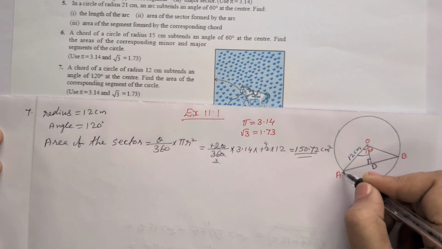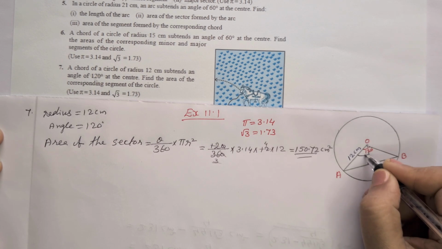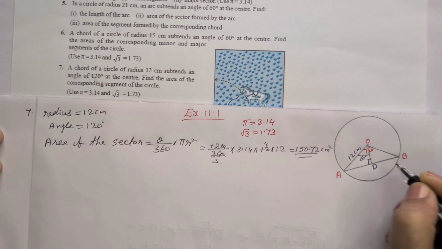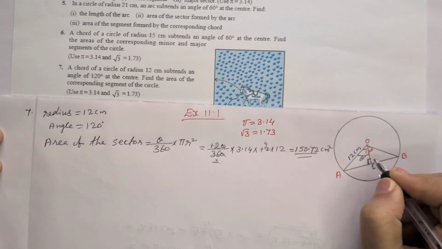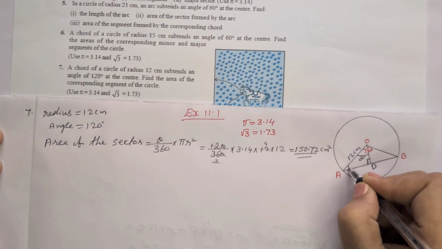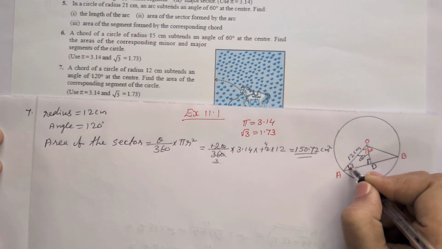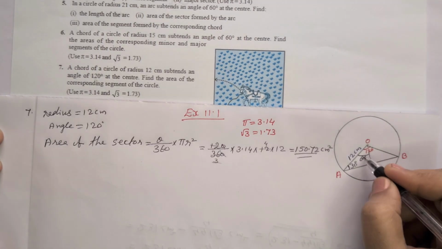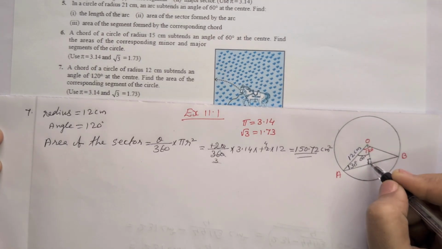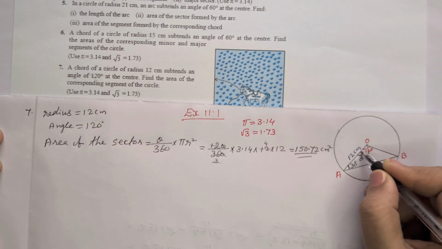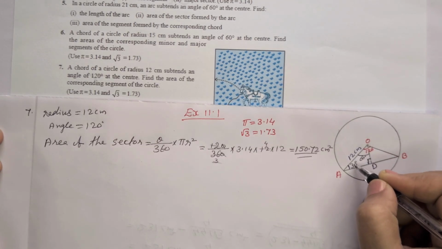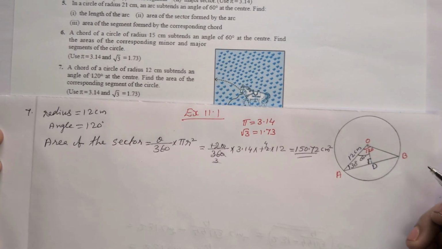Here angle AOD is equal to half of 120, that means 60 degree. If this angle is 90, this one 60, then the remaining angle will be 30 degree by angle sum property of this triangle AOD. This angle is 60 degree, this 90 degree, and angle A we will get that as 30 degree.